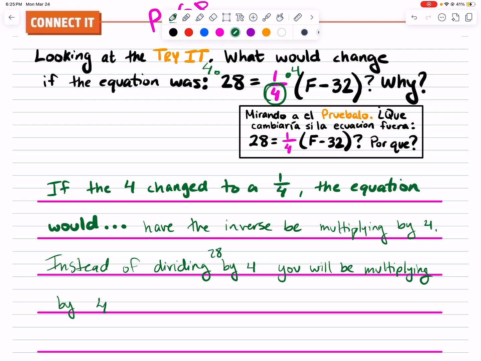Instead of dividing 28 by 4, you instead will be multiplying 28 by 4. There you go. All the other steps remain the same. You're still going to add 32 to the other side at the end, but that's the main change. The inverse changes if you make this into a fraction because 1/4 is division. 1 divided by 4.